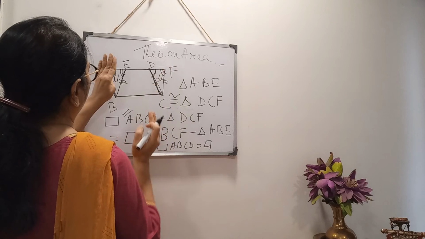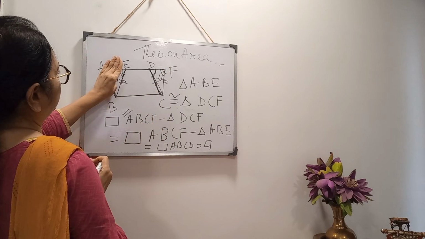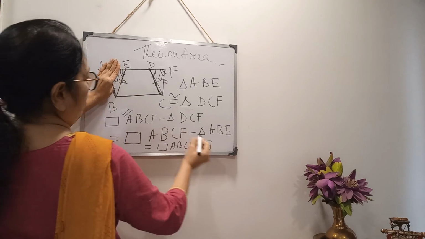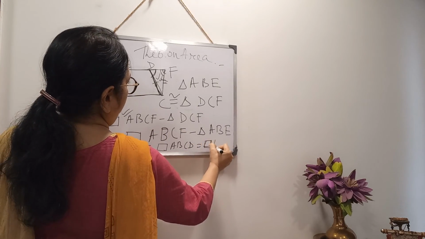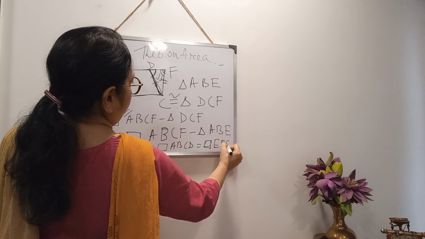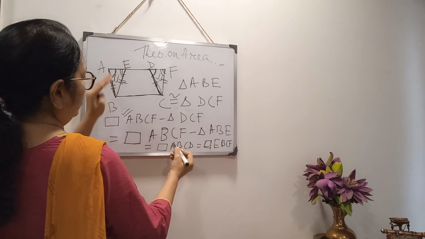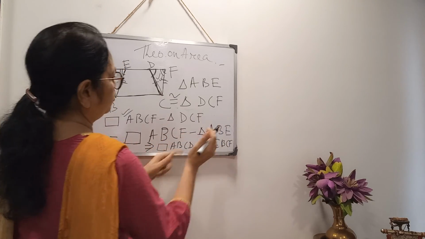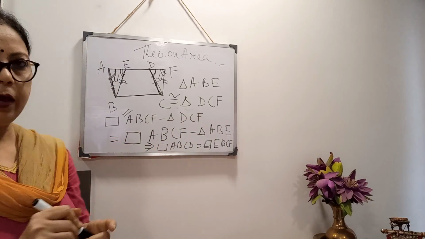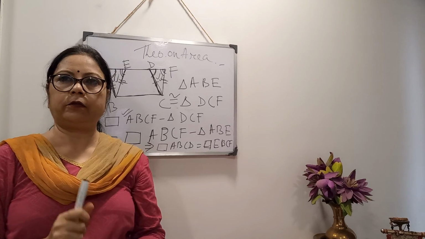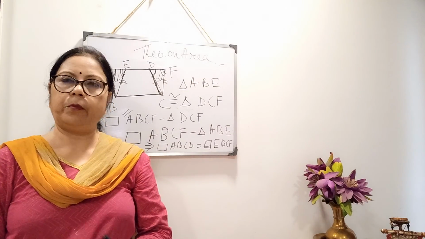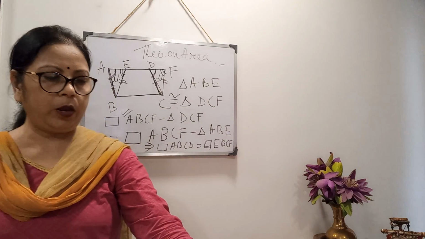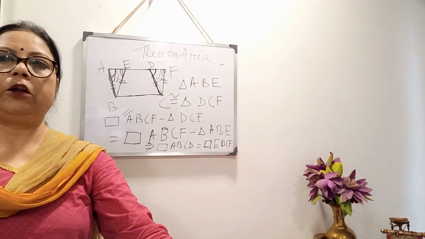From the whole quadrilateral I am subtracting the area of this triangle, so we have parallelogram EBCF. So now we have proved that the area of parallelogram ABCD equals the area of parallelogram EBCF when they are standing on the same base and between the same parallel lines. Clear? Now in the next video you will get the next revision on the next one.